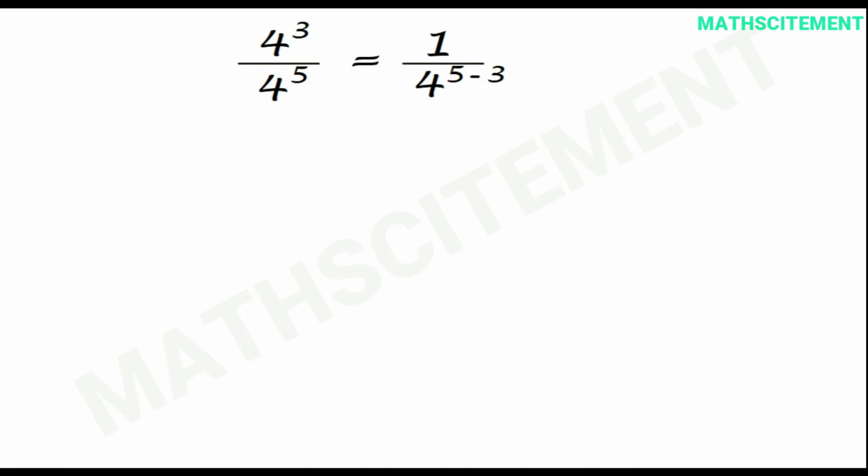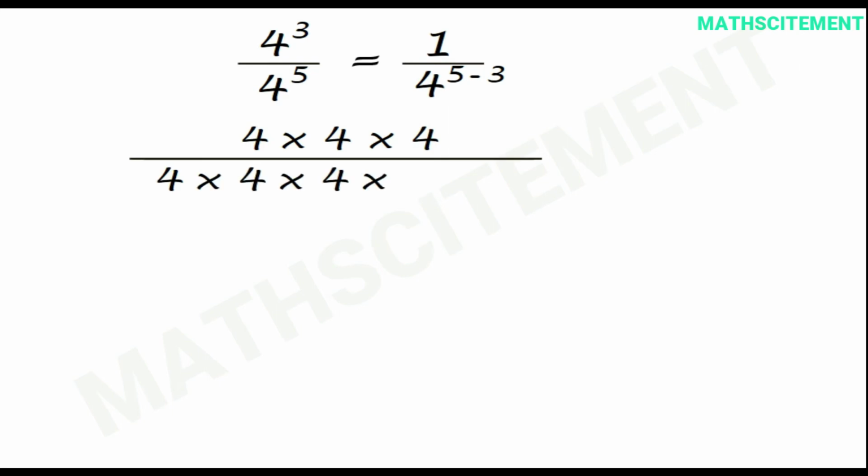Let us understand how we generalize this formula. 4 to the power of 3 can be written like this. And 4 to the power of 5 means 4 multiplied by itself 5 times. Let's keep the right hand side as is. So 3 4s of the numerator get divided by the 3 4s of the denominator. So we are left with 2 4s in the denominator.